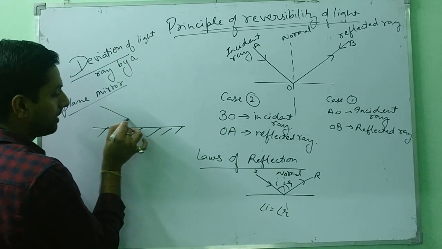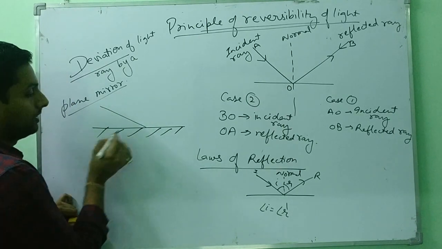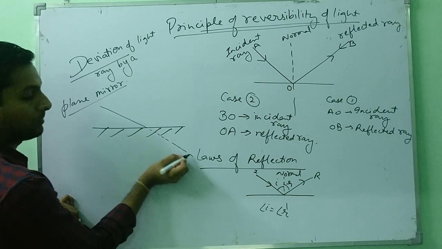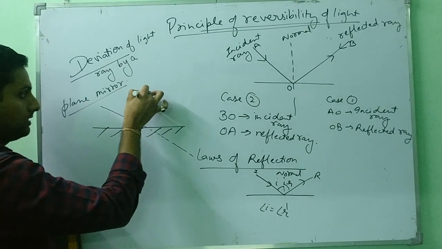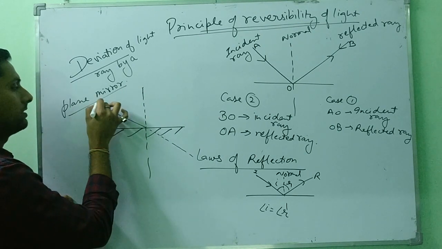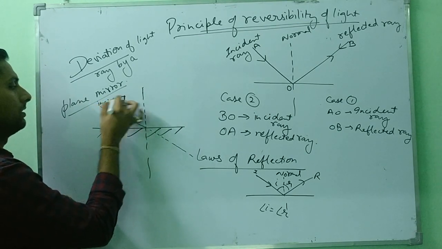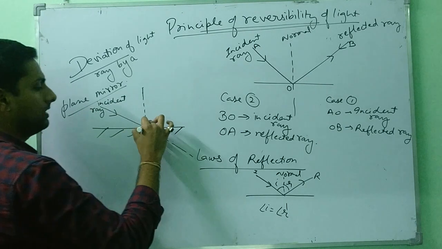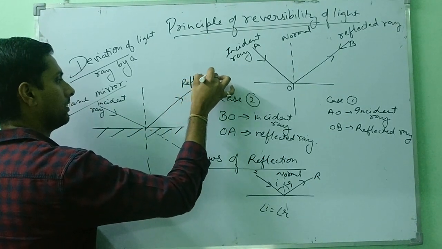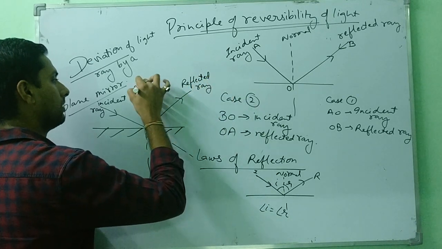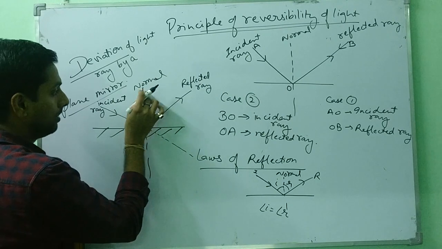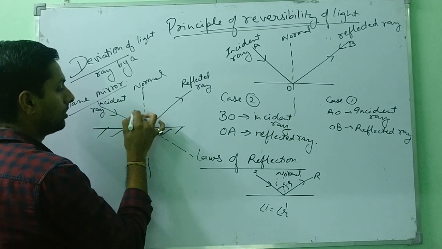This is your striking incident ray. So the path should remain like this, right? This is the original path. This is the normal. This is the incident ray path, and this is the reflected ray path. Now, the angle of incidence was the angle made between the incident ray and the normal.